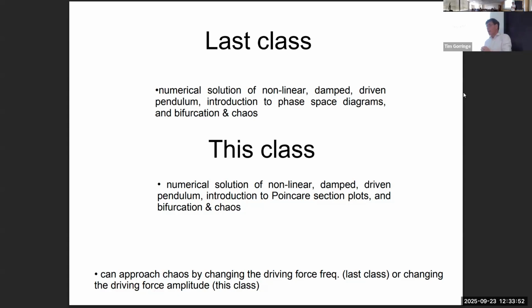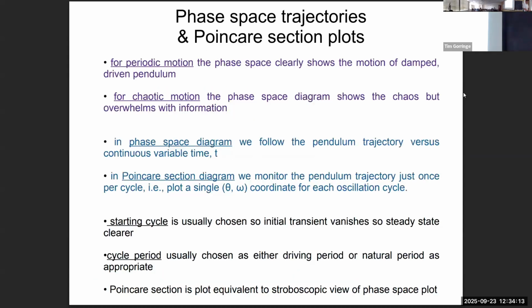So that's a kind of two-dimensional world of the amplitude and frequency of the driving force. In the last class, we approached chaos by changing the frequency. In this class, we're going to approach chaos by changing the amplitude of the driving force. Just two different ways we can get there.